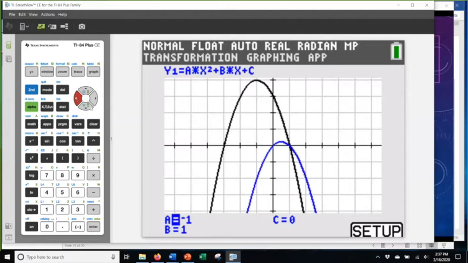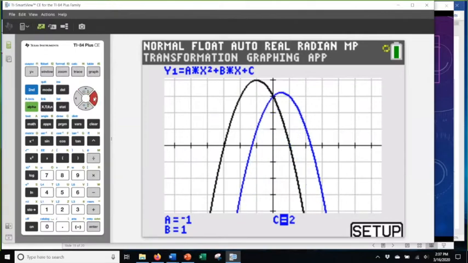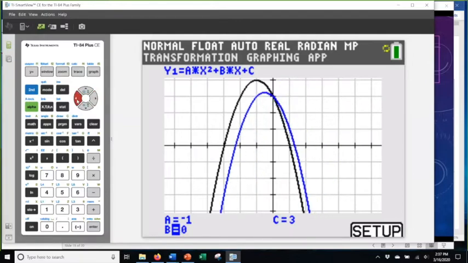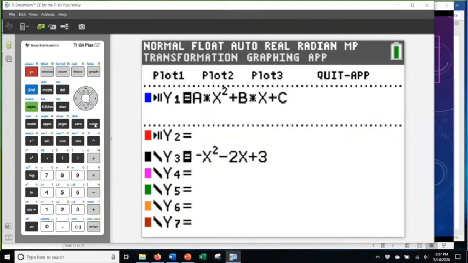That looks good. Maybe I want to change my C value. I need my y-intercept to be higher. And now let's go and change the B value. And students can work with this until they've matched the graph. Really fun.